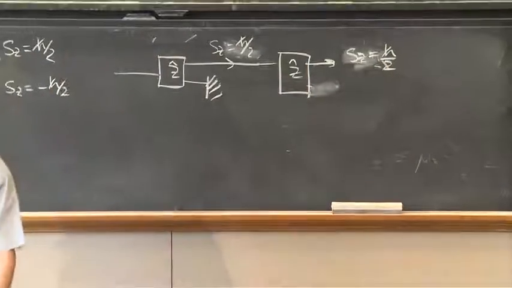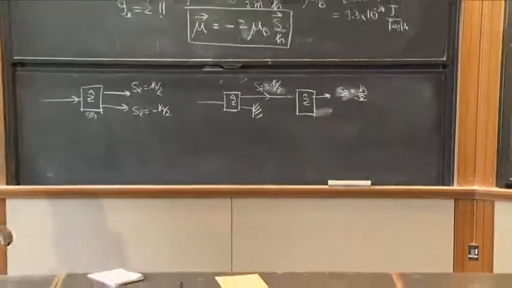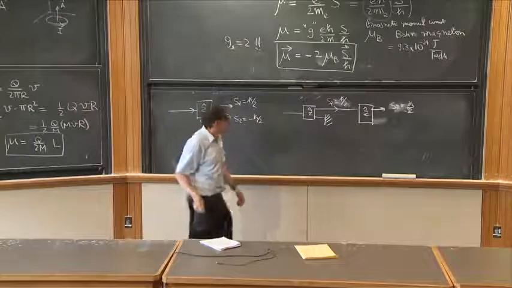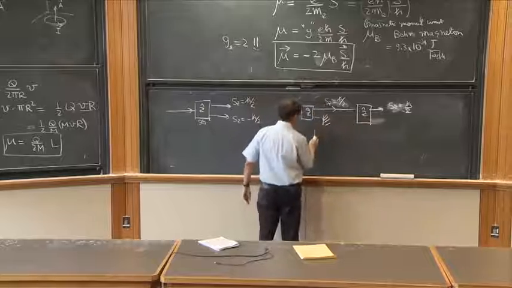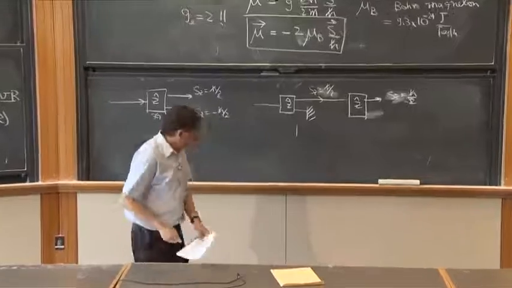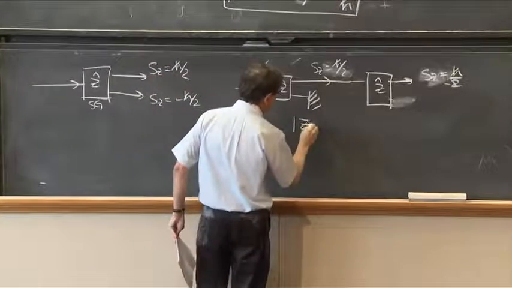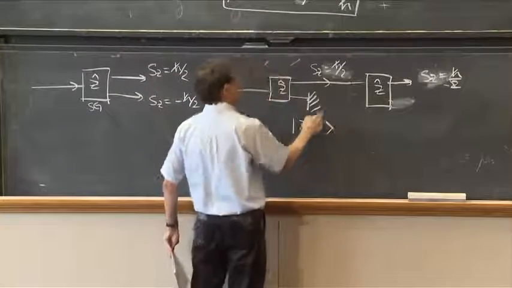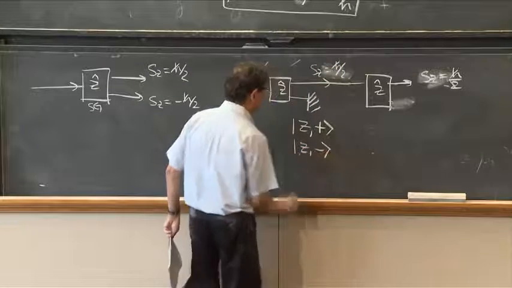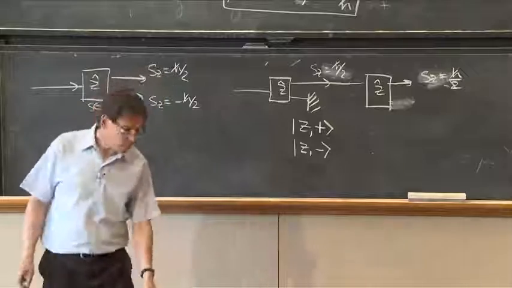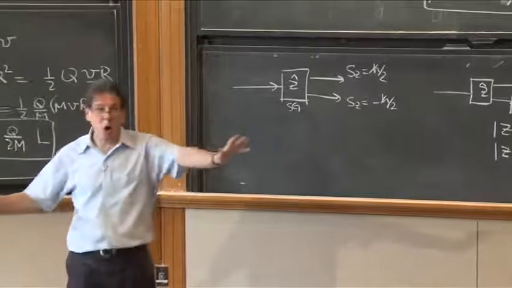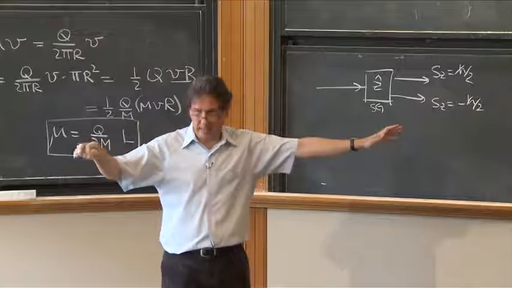What are we going to learn from this? In our picture of quantum mechanics, we're going to think of this as there are states of the electron that, with respect to Z, have plus ħ/2, and states that have minus ħ/2. And what we will think is that these are really all the basis states.